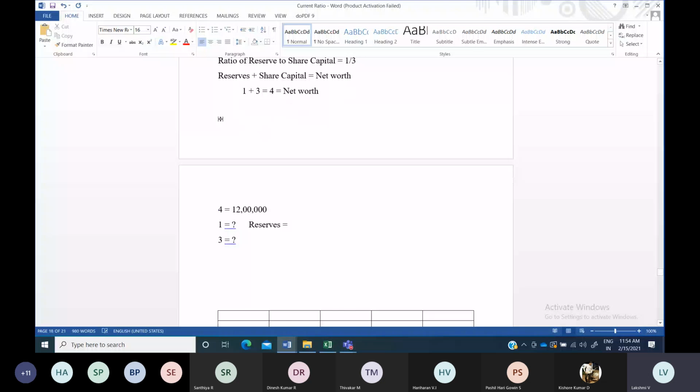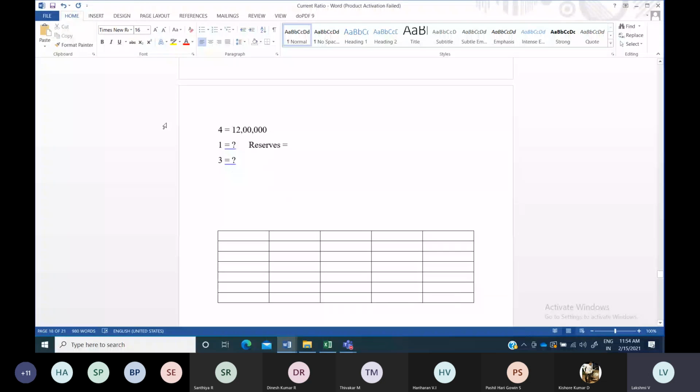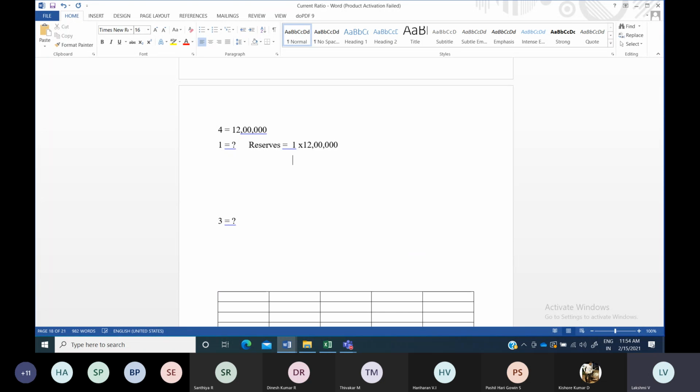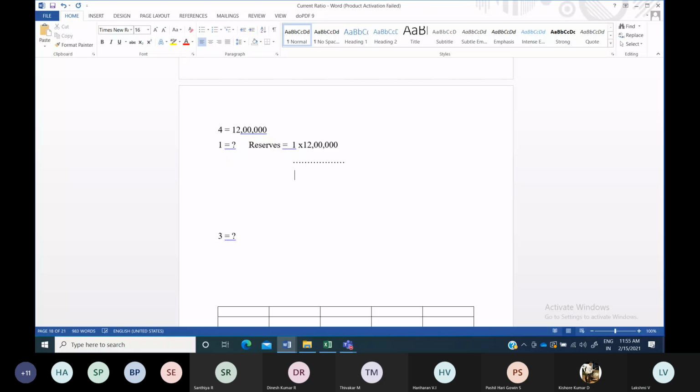Okay. So 4 is 12 lakh, that is net worth. Then 1 is how much? 1 is your reserves. So now how to calculate, 1 into 12 lakh divided by 4. So we'll get the reserves amount. Okay.